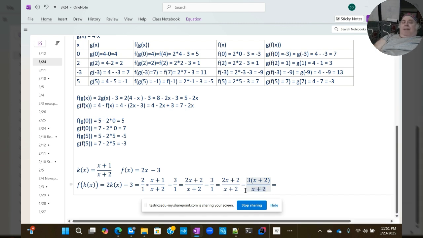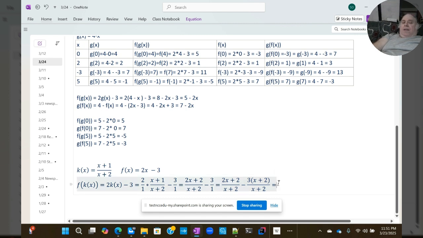Now we have the common denominator, right? We don't have to multiply the x plus 2's by 1's because that's too easy. And now the only thing we have to do on the numerator is distribute the 3.